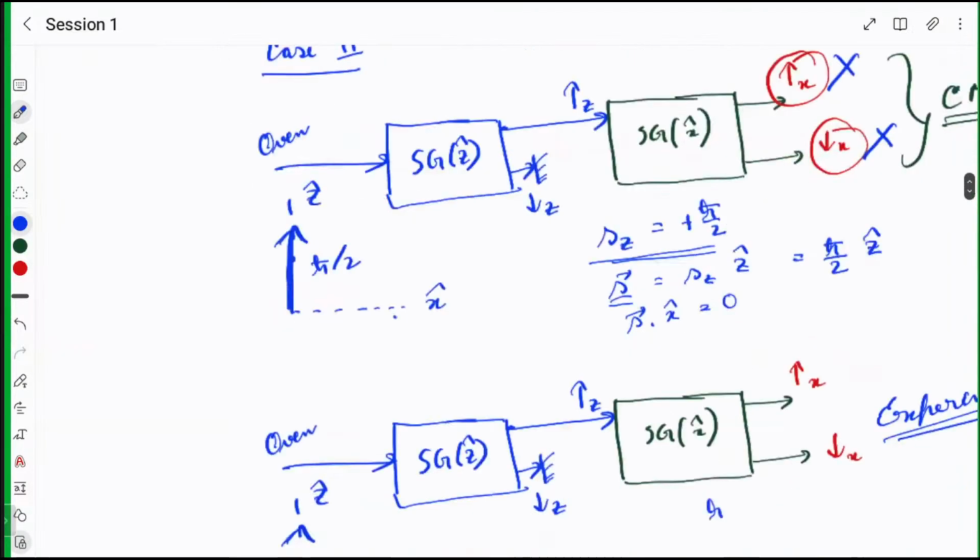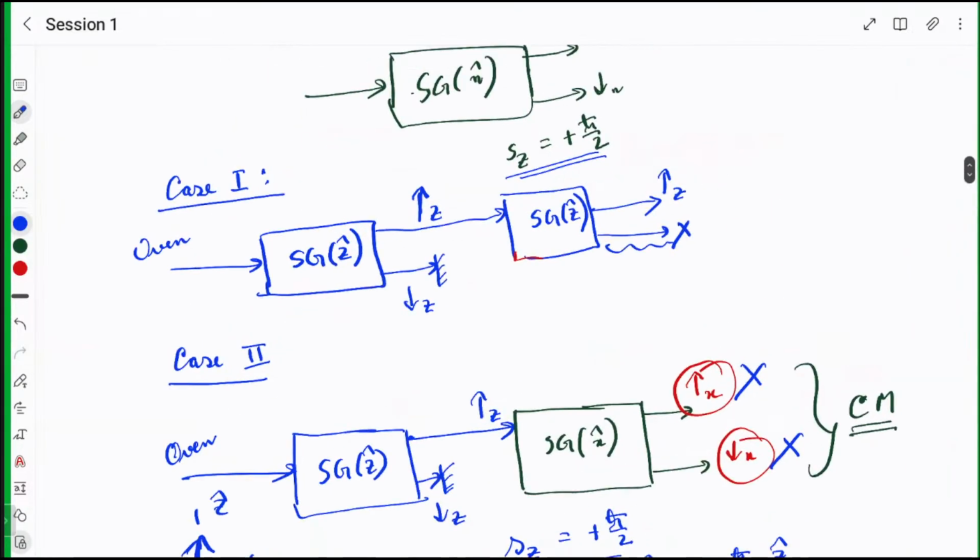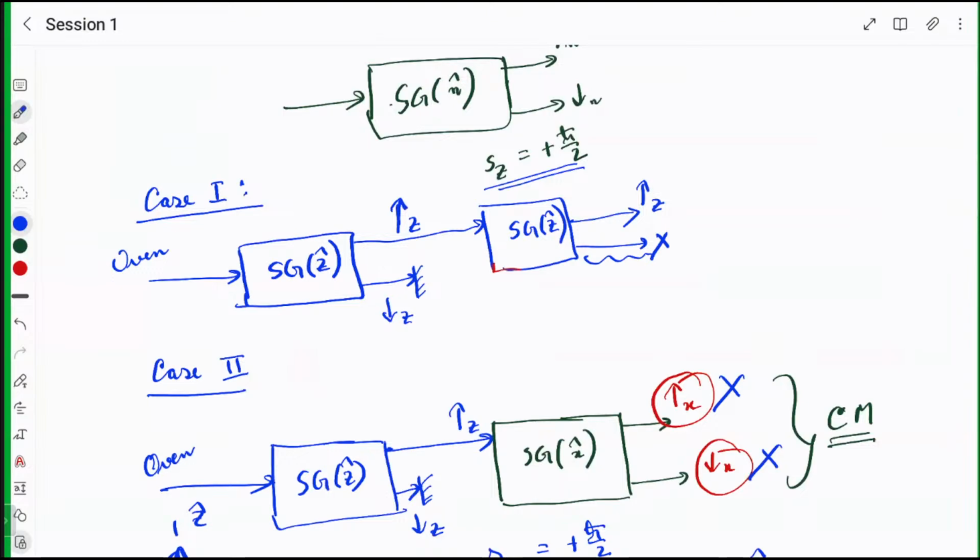So in that case, cannot we get two different spins, like up z and down z spin? So you are talking about case one or case two? Case one, sir. Okay. You are saying that after the second Stern-Gerlach along Z, why didn't we get another down Z? Is that the question?